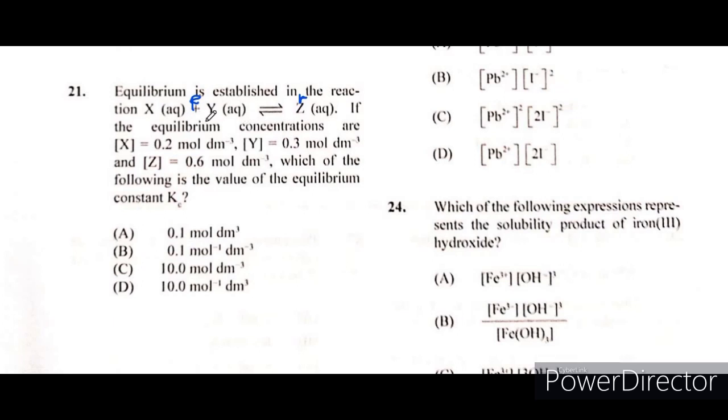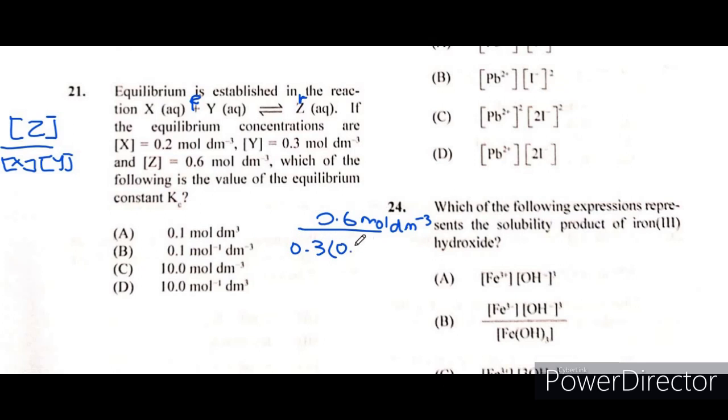So the product of the concentration of the products over the product of the concentration of the reactants. In this case, it would be the concentration of Z over the concentration of X times the concentration of Y. Z is 0.6 mole per dm cube, and this would be 0.3 times 0.2, mole per dm cube squared.